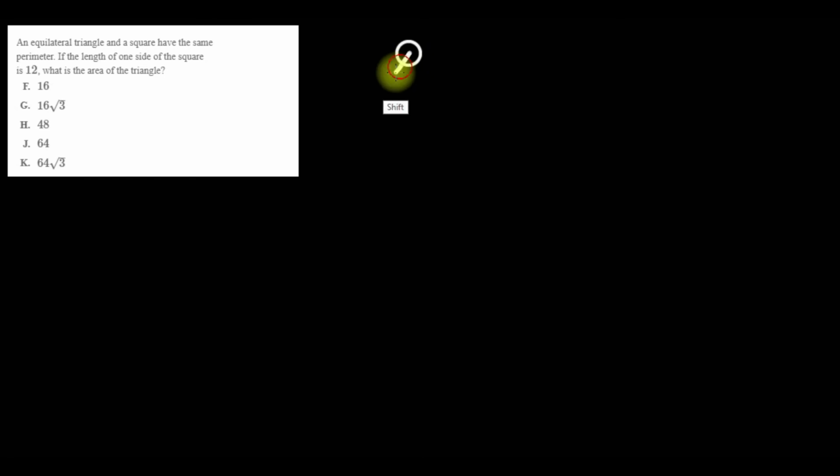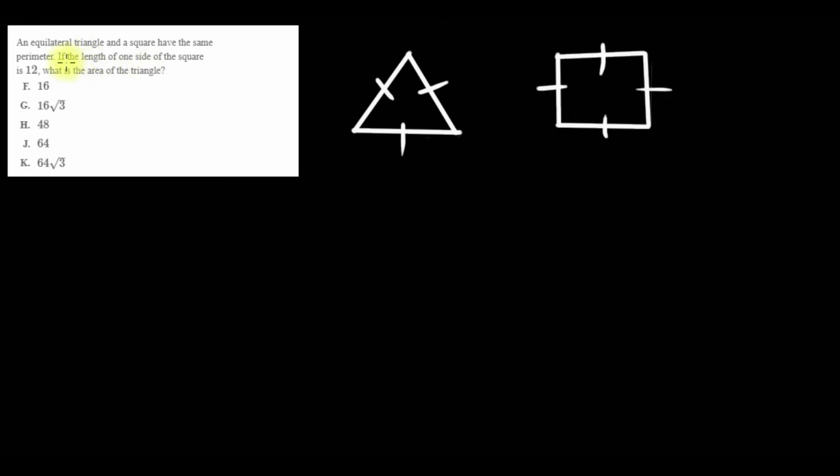Equilateral triangles are triangles with 3 equal sides. And then I have a square, and they're telling you that the length of one side of the square is 12. So if this is 12, this is 12, this is 12, this is 12.